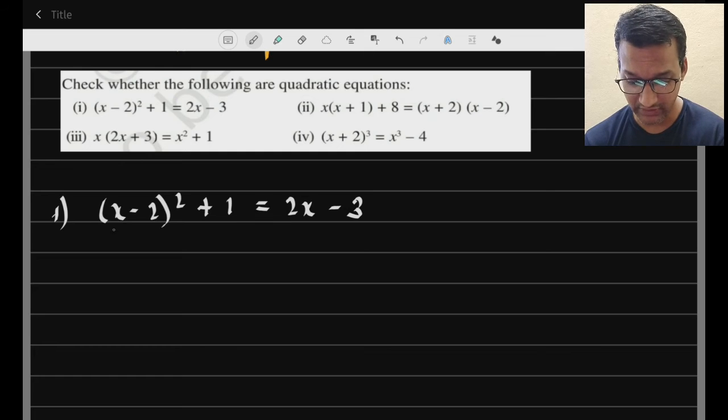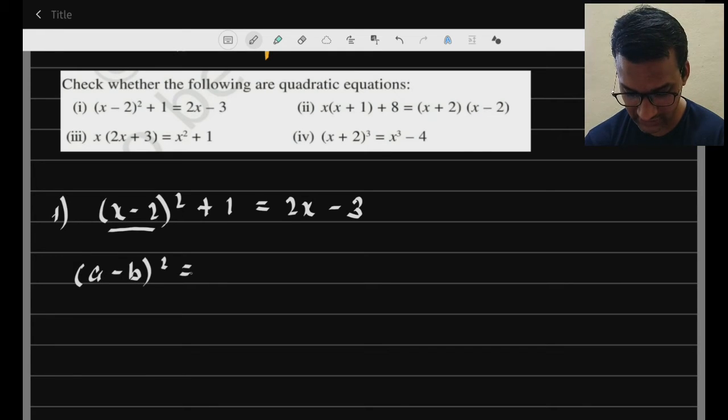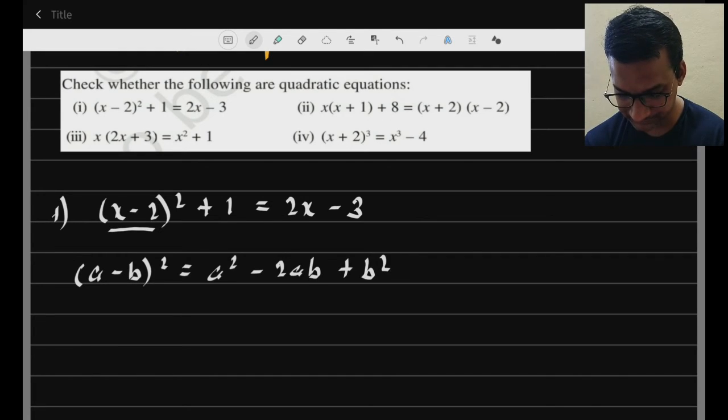Solving this means we'll have to expand this bracket and add and subtract whichever common terms are there. So let us first expand this bracket. We know that (a minus b) whole square is a square minus 2ab plus b square.